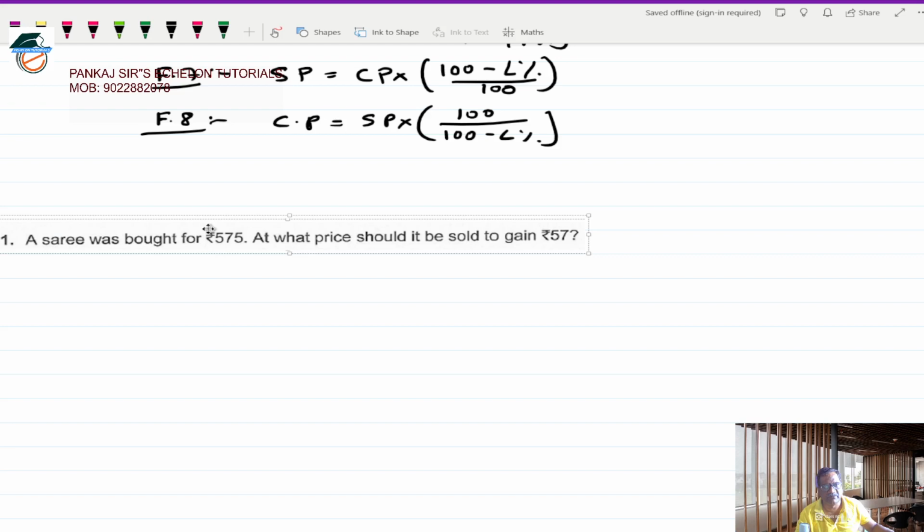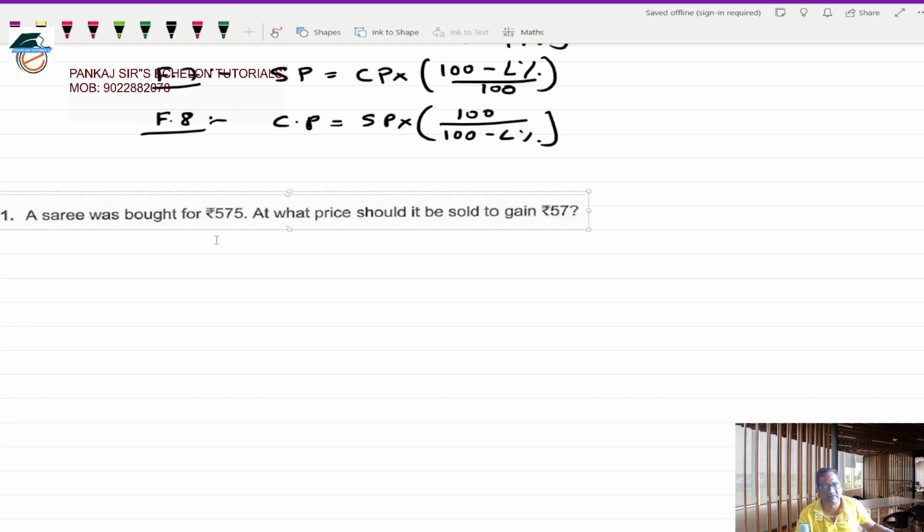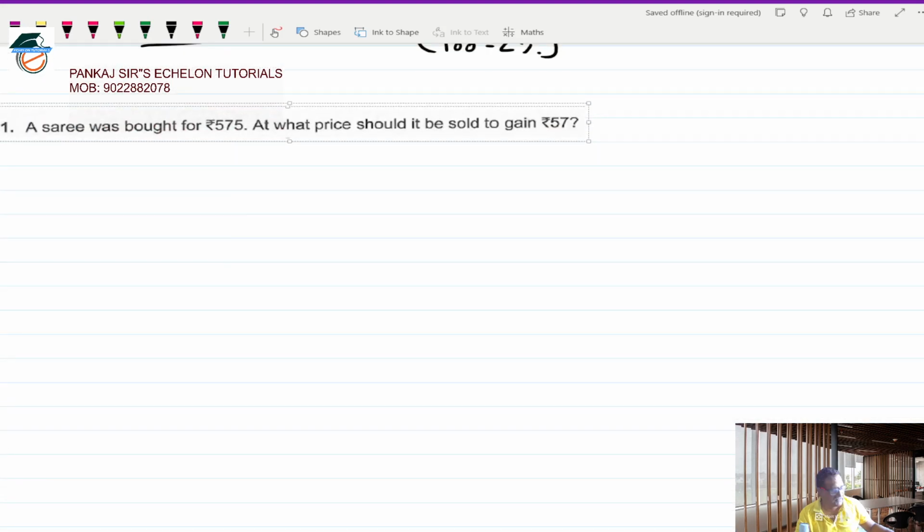Now this is that question. What the question says is that a sari was bought for rupees 575.